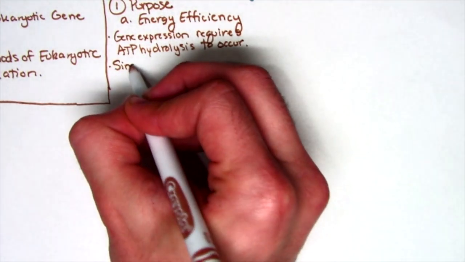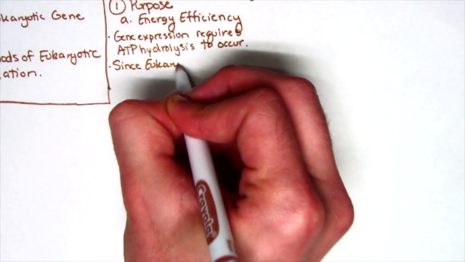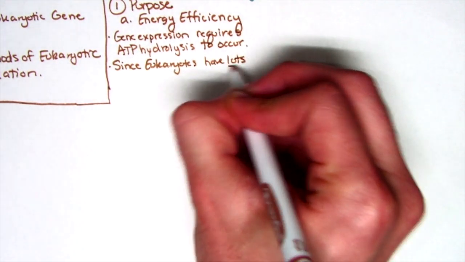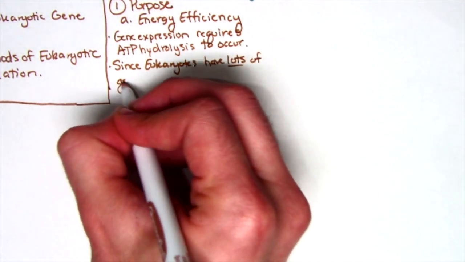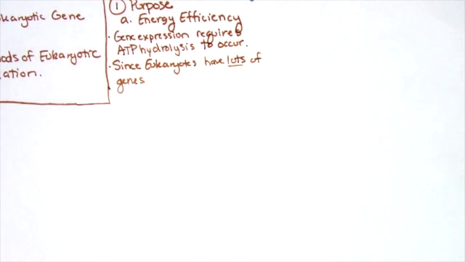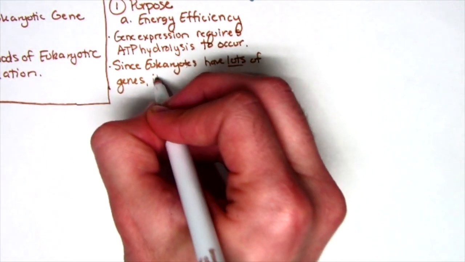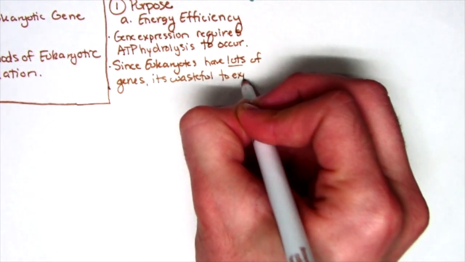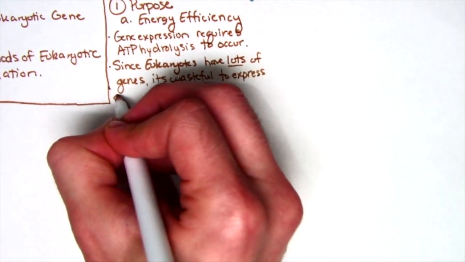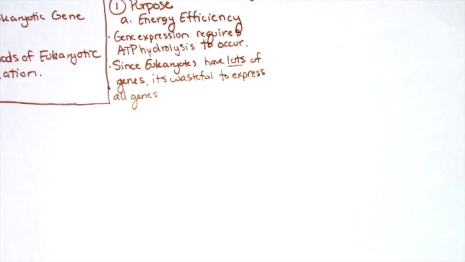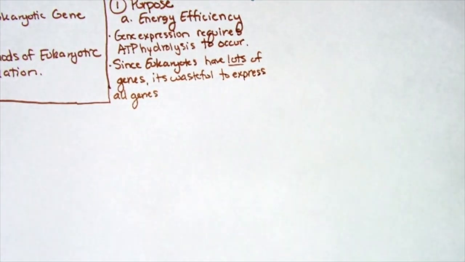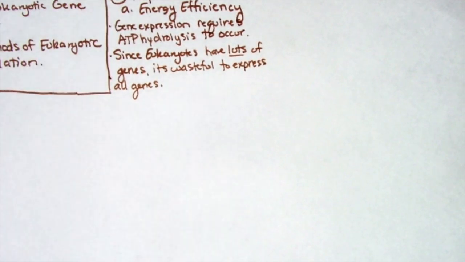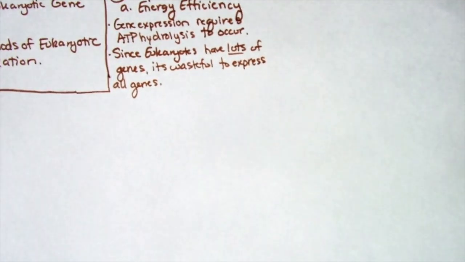And since eukaryotes have lots of genes, it's wasteful to express all genes, because only some genes are needed at a particular time.